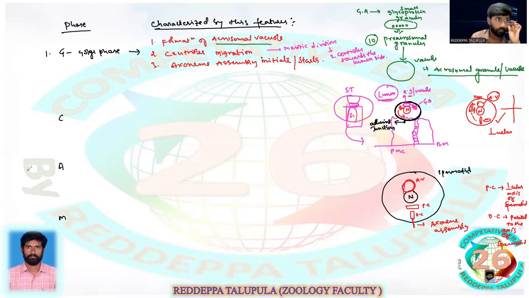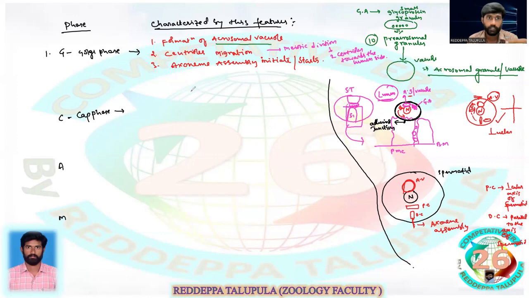Next, C. C stands for cap phase. Whatever happened in the upper phase will be either promoted or discarded. That means the acrosomal vacuole present in the upper one performs a specific function here.